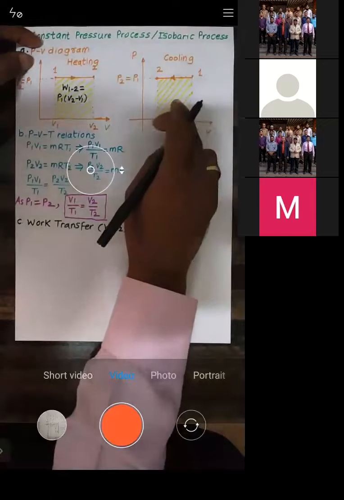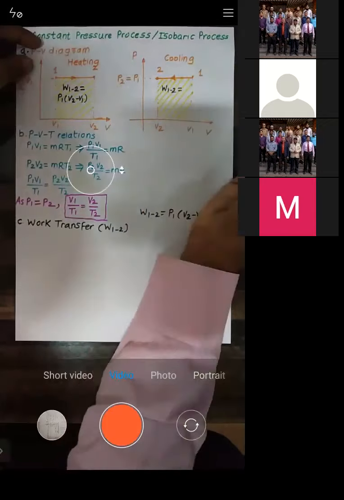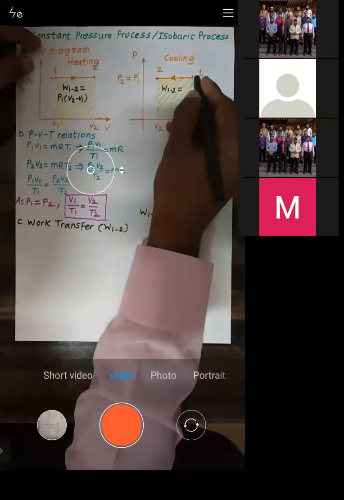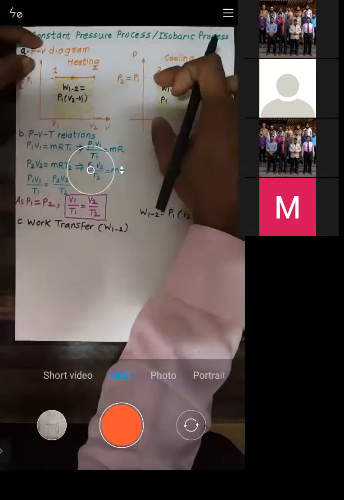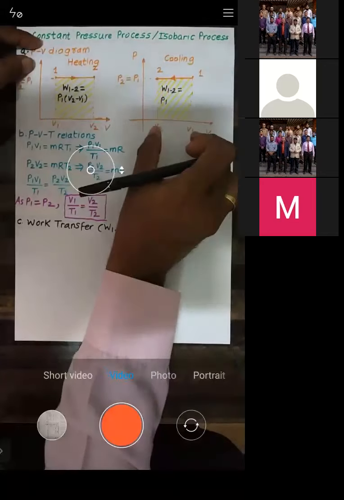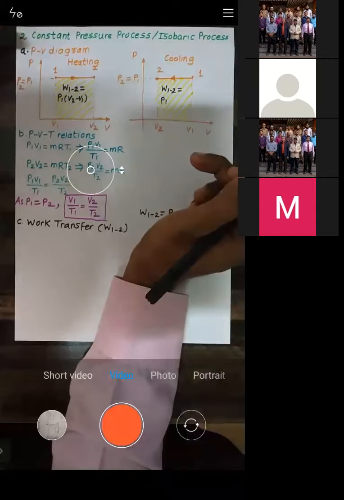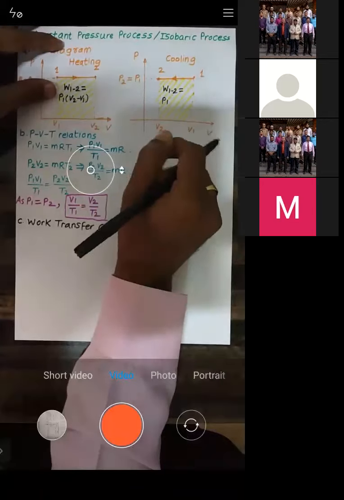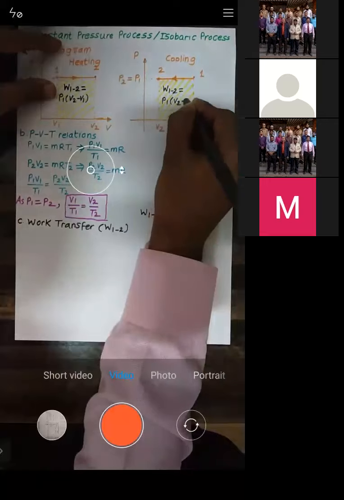Similarly here, W12 is given by pressure P1 into V2 minus V1. Can you write V1 minus V2? No, it's the final state minus the initial state.